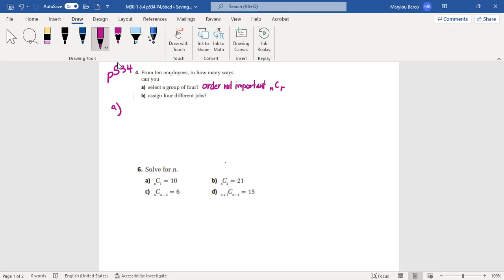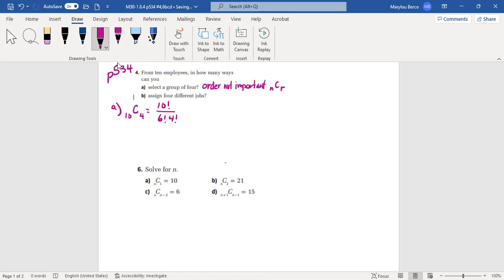From 10 different employees, we choose 4. You can put this in the calculator like that and you'll get the same result. But with your combination formula, you have 10 factorial over 6 factorial, 4 factorial.